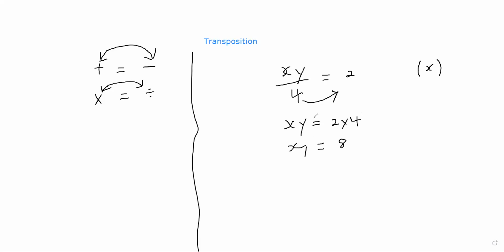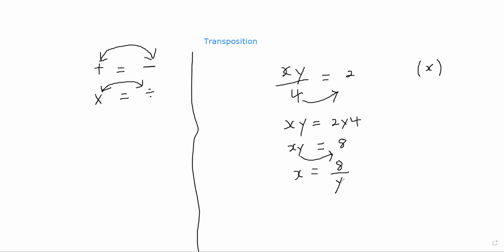And we're not finished yet. All we need to do now is carry over the y, and x will be the subject. The y is multiplying, so we take it over and we need to divide. So we have x will be 8 divided by y, so y will be the denominator.